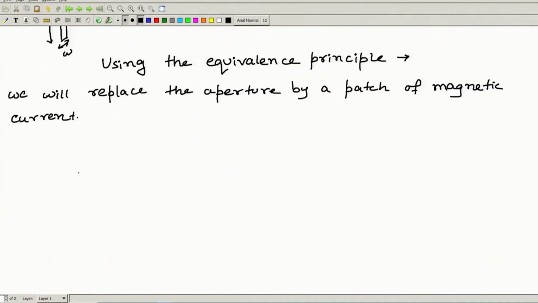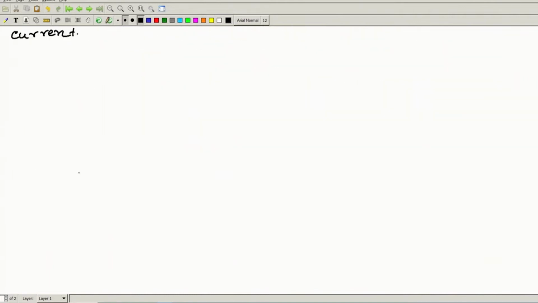Suppose this was Ex. So, this is the slot, this is Ex. So, this was our original problem. We have a slot on the conducting ground plane.